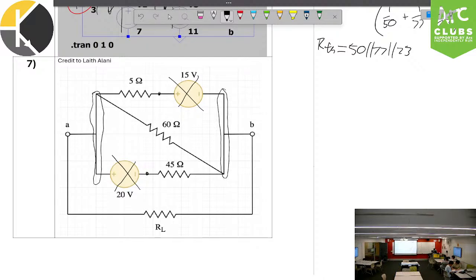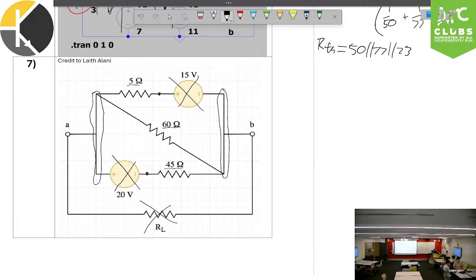As you can see, from terminal A and terminal B, if we of course ignore the load resistor, all of these 3 resistors right here, the 5 ohm, the 60 ohm, and the 45 ohm, are all in parallel.